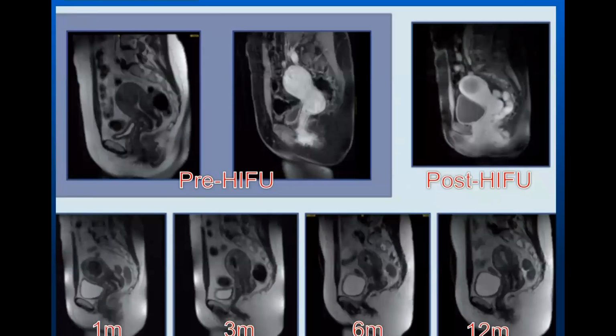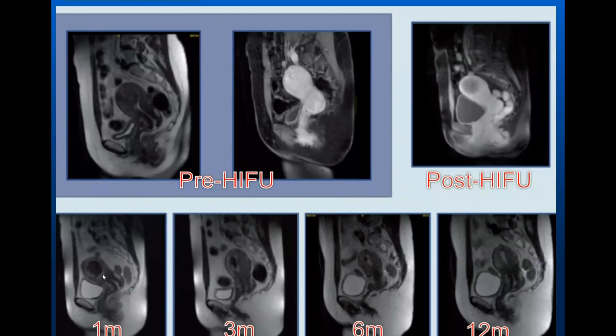Again, Mariam has asked me to include some cases. So this is a very nice case. This is a lady who has an intramural fibroid with some submucosal component here. When we inject contrast, you see everything, it becomes bright. This means that this fibroid is very viable and it is very thirsty. It drinks lots of contrast. Now, after we treat it, with contrast, you see the black area, which means that this is already treated, what we call the non-perfused volume.